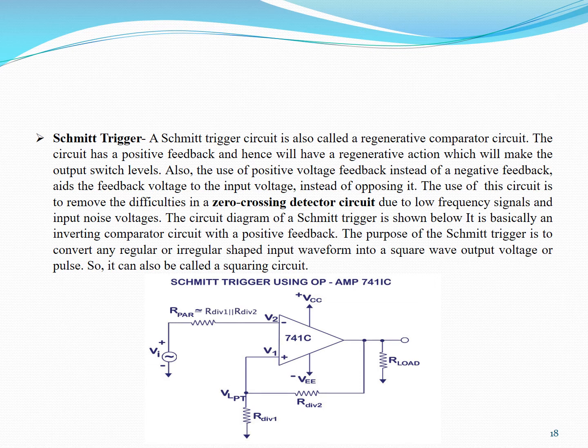The use of this circuit is to remove the difficulties in a zero crossing detector circuit due to low frequency signals and input noise voltages. The circuit diagram is given in the figure. The purpose of this circuit is to convert any regular or irregular shaped input waveform into a square wave output voltage or pulse. So it is also called a squaring circuit.